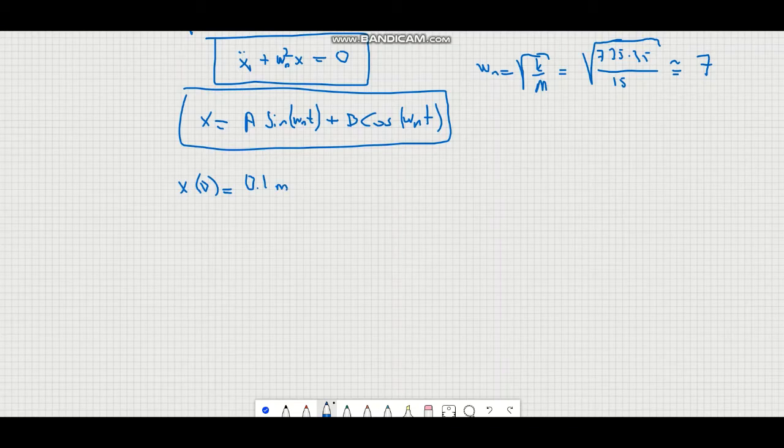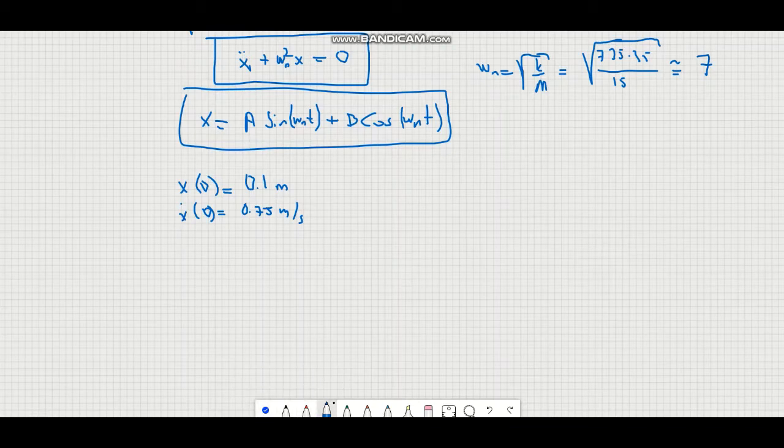The initial position is 0.1 meter, and the velocity, which is x dot, when the motion starts, is 0.75 meter per second. These are our initial conditions, because we have two unknowns, so we need two initial conditions.